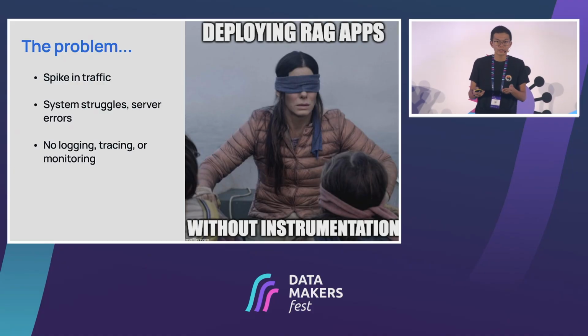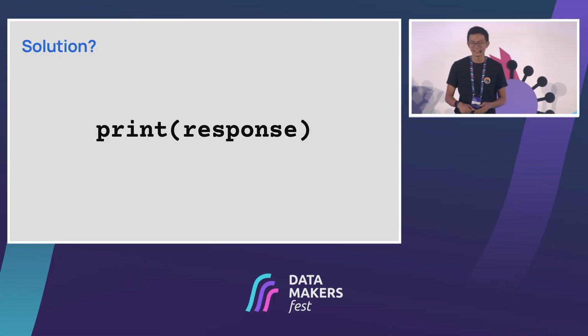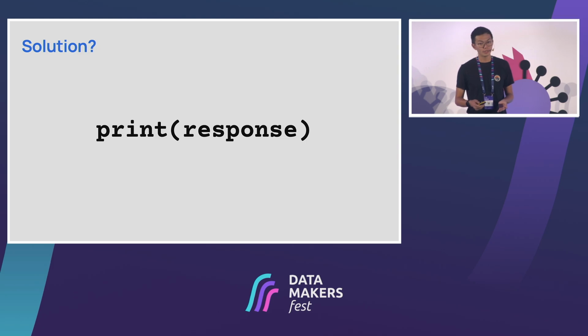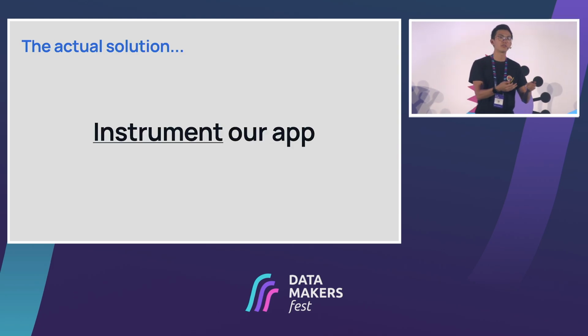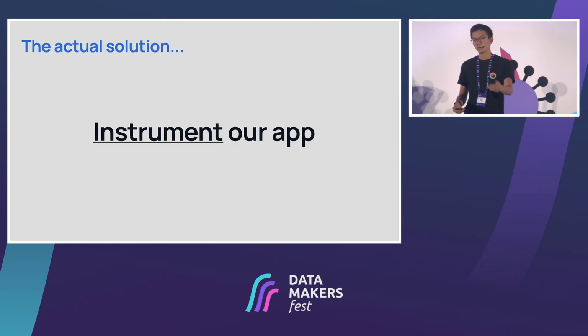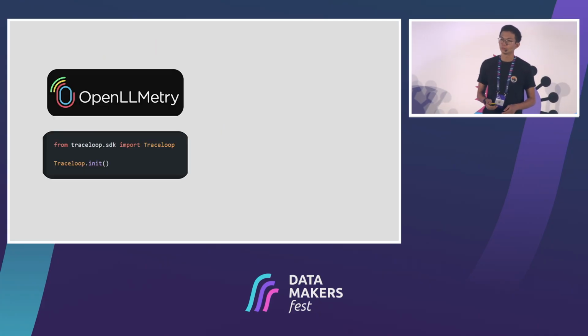As someone who's panicking, they might suggest, let's just print everything. But there are better ways to do that. We can do that by instrumenting our apps to allow us to follow a request flow through the entire RAG stack. So we can do that with libraries. There are a lot of RAG observability tools out there. One example would be OpenLLMetry, which is built on top of OpenTelemetry.